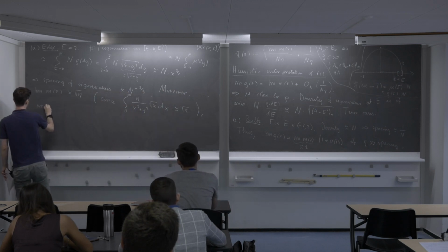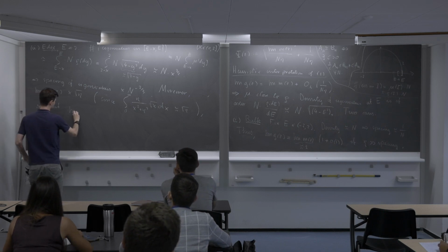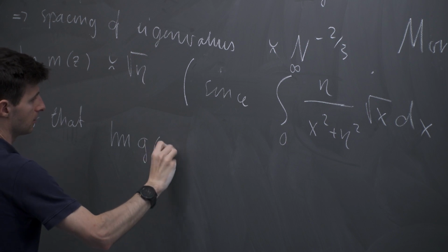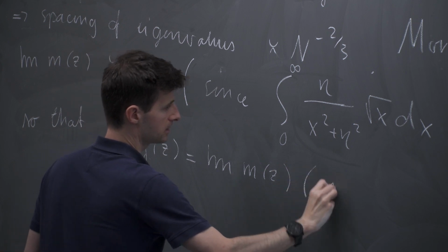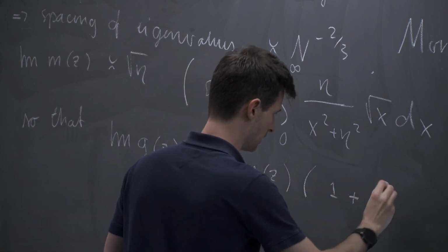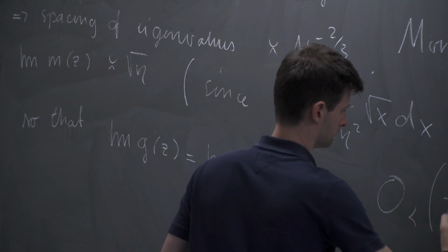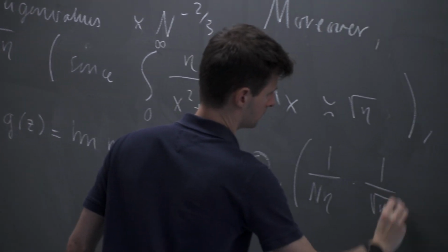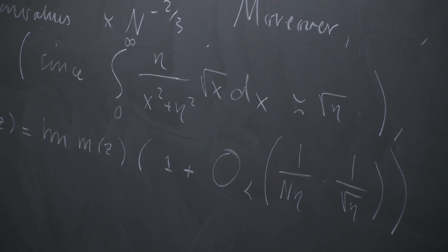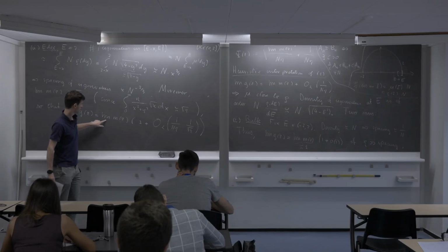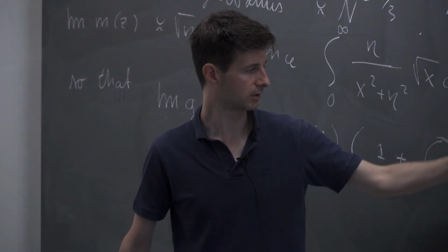that the imaginary part of g of z is equal to the imaginary part of m of z, and I would like to write this again as 1 plus something. In the actual theorem, I have imaginary part of m of z plus big O, stochastic domination, of 1 over n eta.